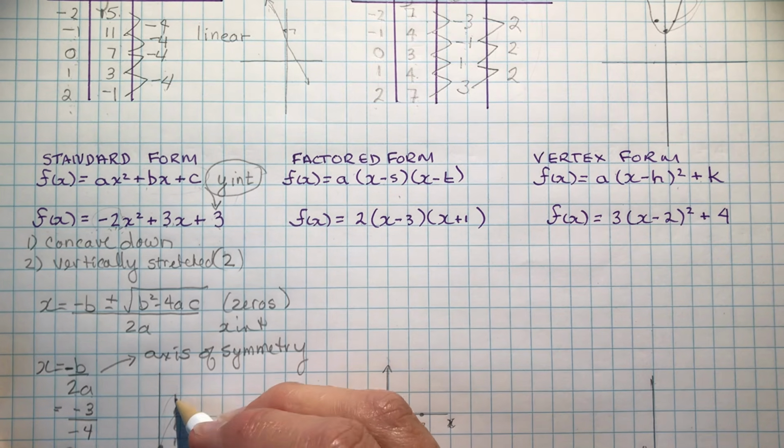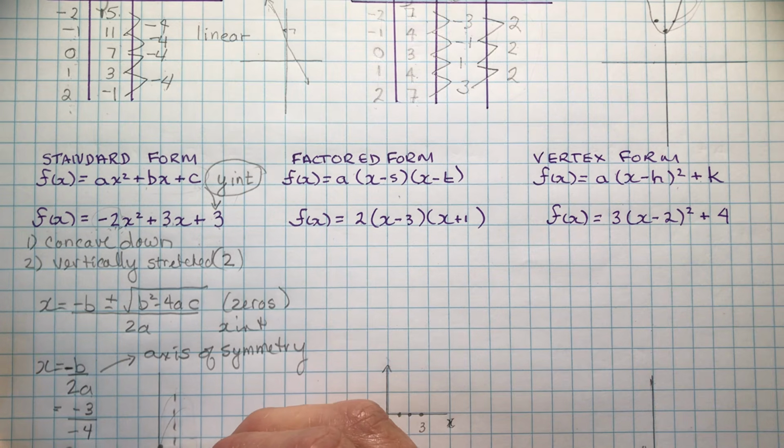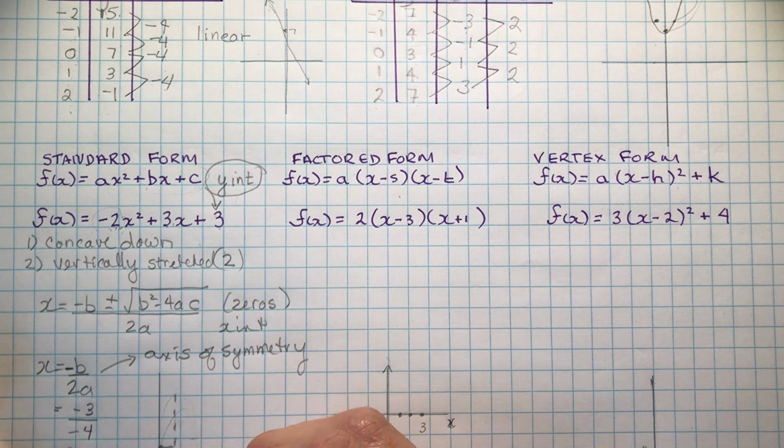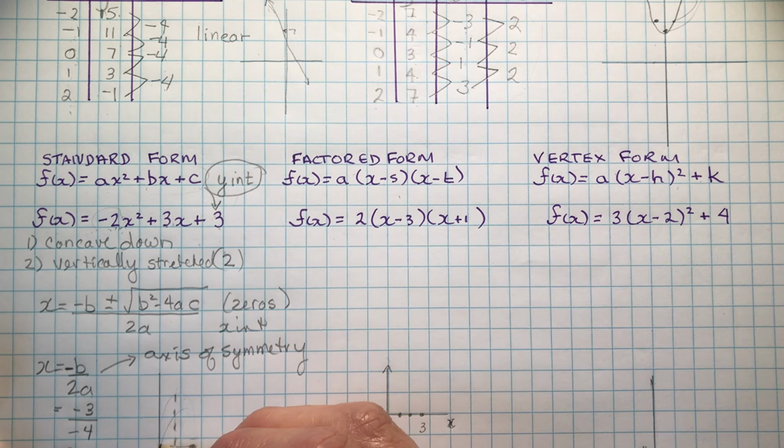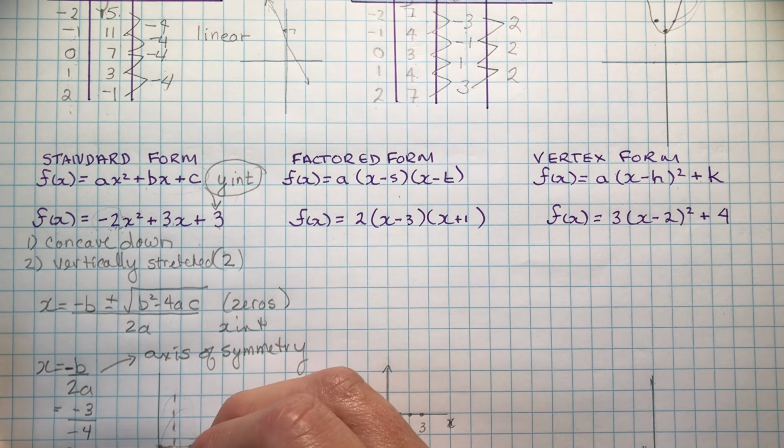And remember that when you have a point that's this far from the axis of symmetry, another point will be exactly the same distance away from the axis of symmetry, because when you're at the same height, you're the same distance away from the axis of symmetry. So this is going to come up like this.